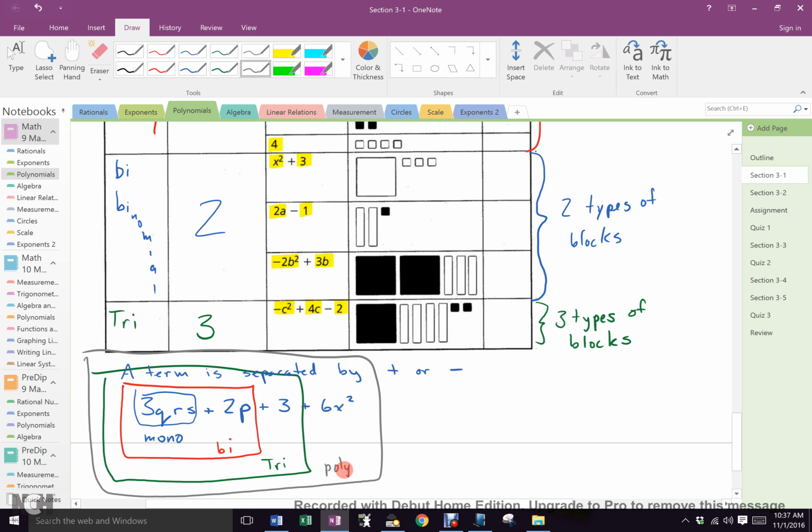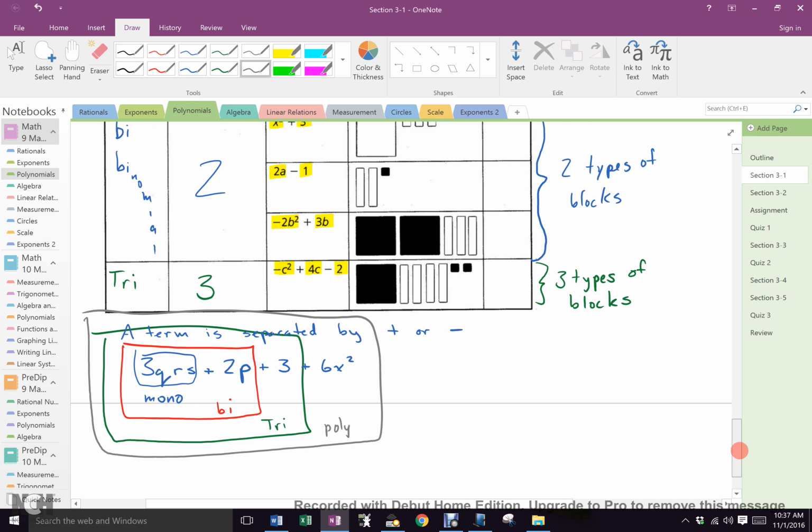Everybody okay? I'm never going to test you on that, but we'll be using those words. You understand what I'm saying? If I say monomial, I need you to know what I mean. So we could take a test on this? Everybody cool? Yeah? Okay. That's it.